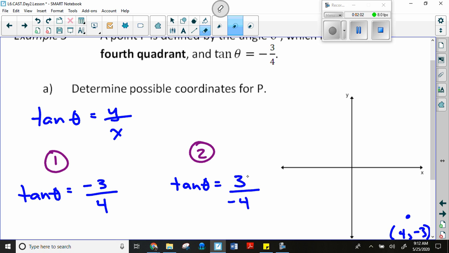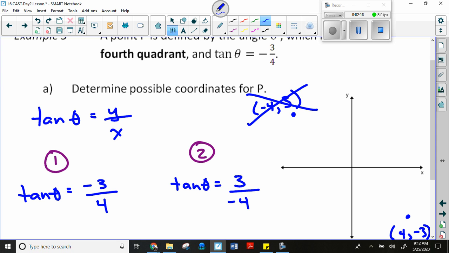This other one is a y value of 3 and an x value of negative 4. This says the y value is positive and the x value is negative. We can't use this one because it only wants an answer in the fourth quadrant.